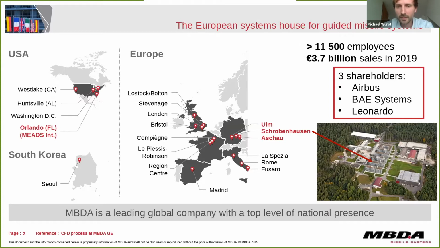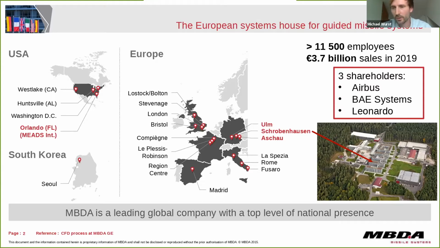So you can find us in France, in the UK, in Italy, and in Spain, and also in Germany, where the main site is in Schrobenhausen, which is close to Munich. Here you see an aerial picture of our site in Schrobenhausen. Usually my office is in this building, but today, of course, I'm in home office.